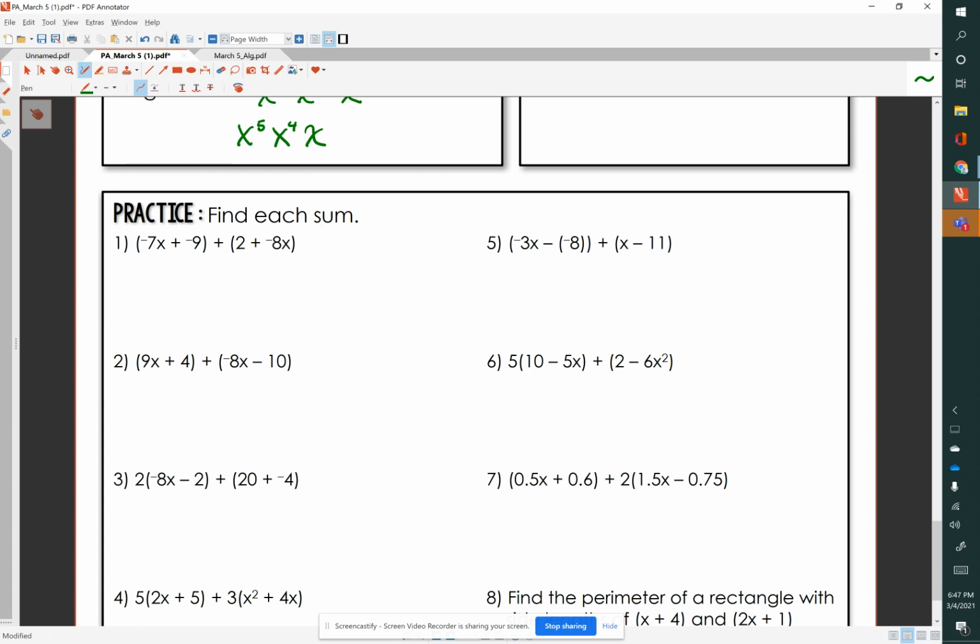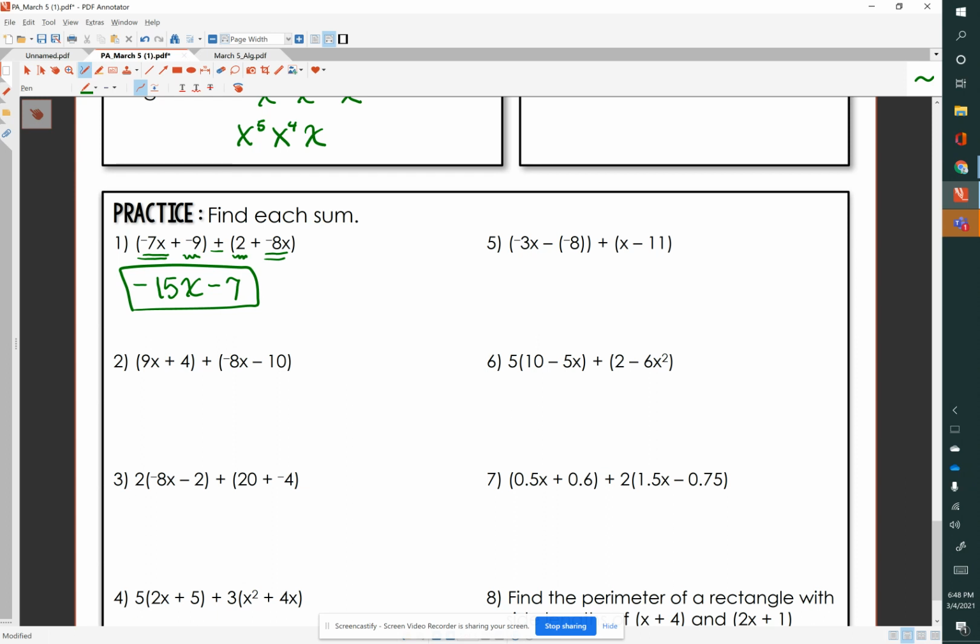So if we've got negative 7x, let's look at the like terms, plus negative 8x, they add up to negative 15x. Now we have negative 9 plus 2, so negative 9 plus 2 is a negative 7, and that's our answer. So why don't you try this one? Don't be fooled by the negative signs, and pause and come back.